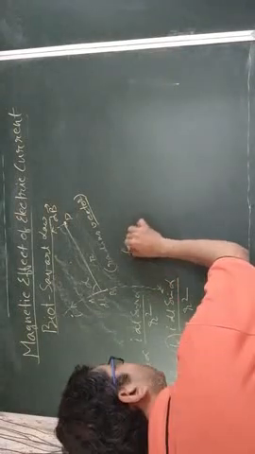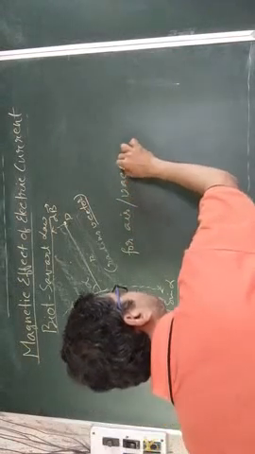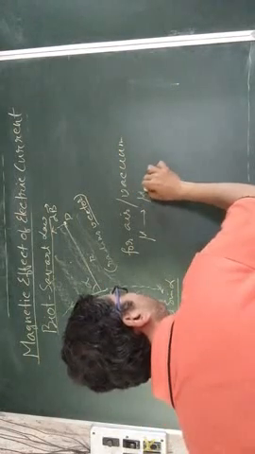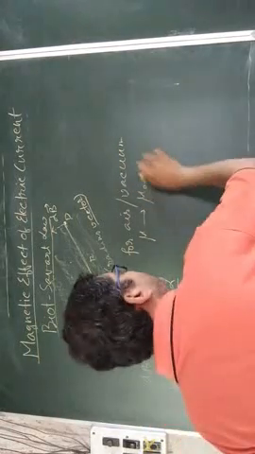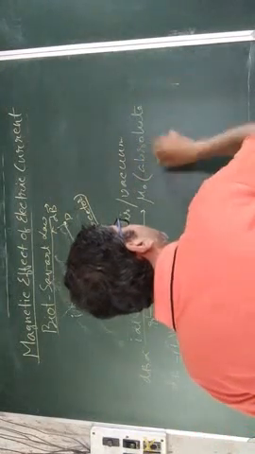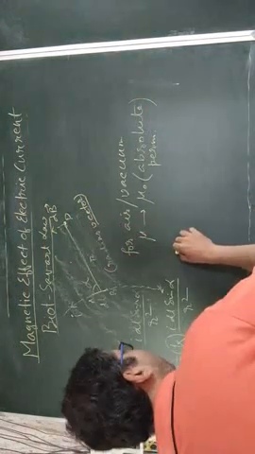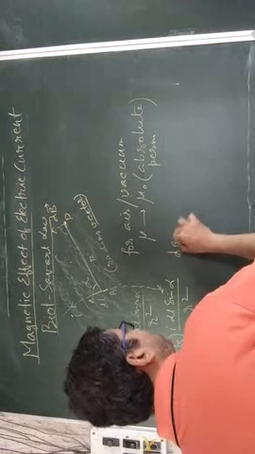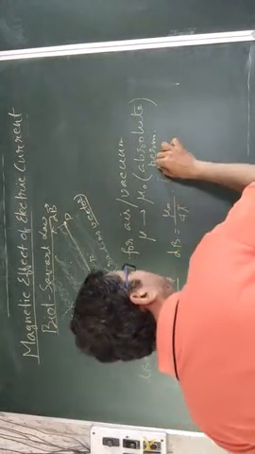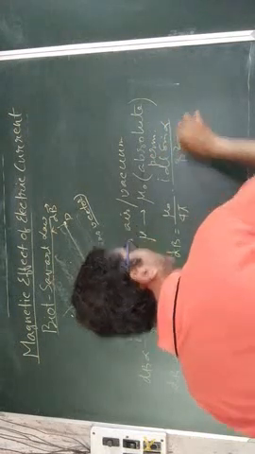For air or vacuum, mu transforms into mu naught and it is called absolute permeability. And then dB is equal to mu naught upon 4 pi I dl sine alpha by r square.